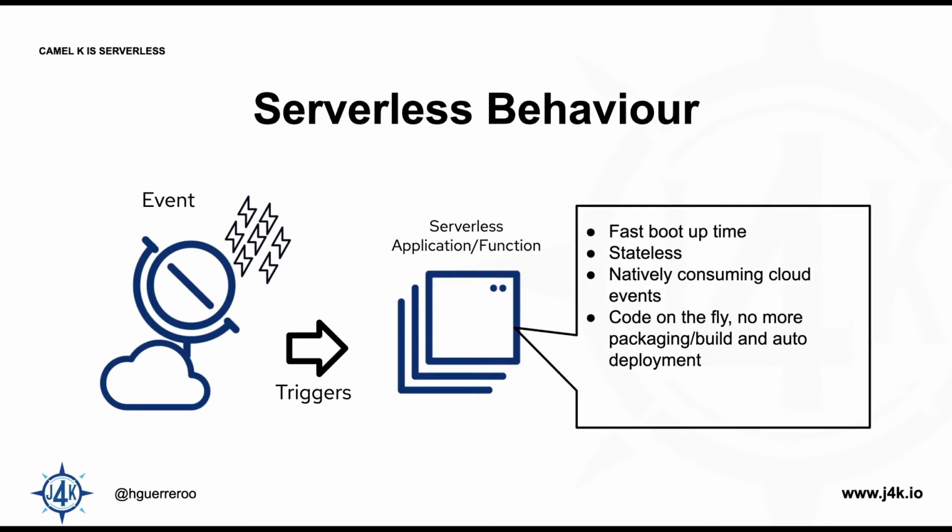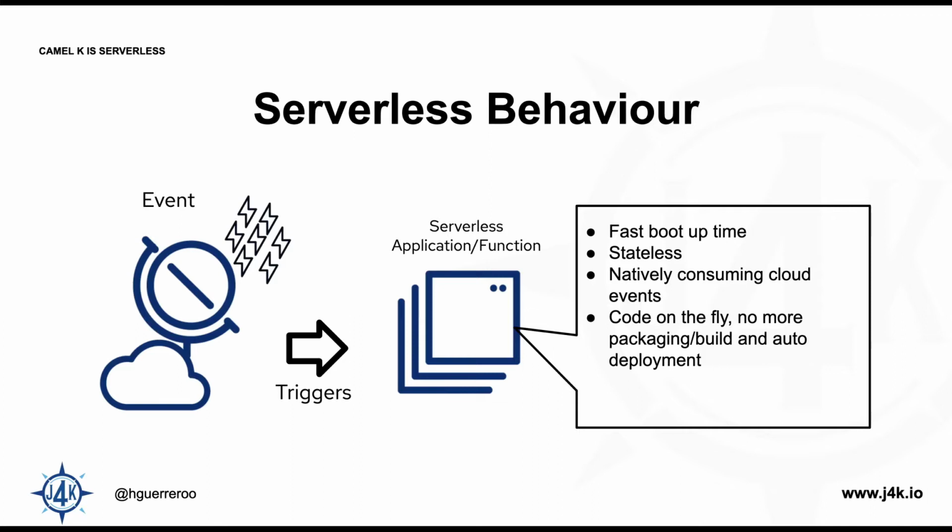These functions and applications require certain features and certain conditions to have a better understanding of the platform and to perform better in the serverless context. This is one of the things that you need to have in those kinds of applications and functions. The first thing is a really fast startup time.